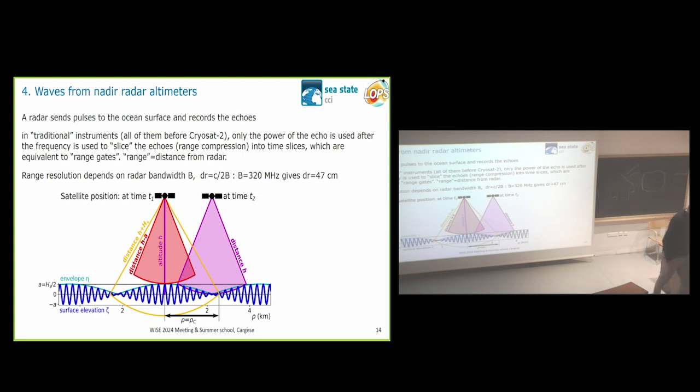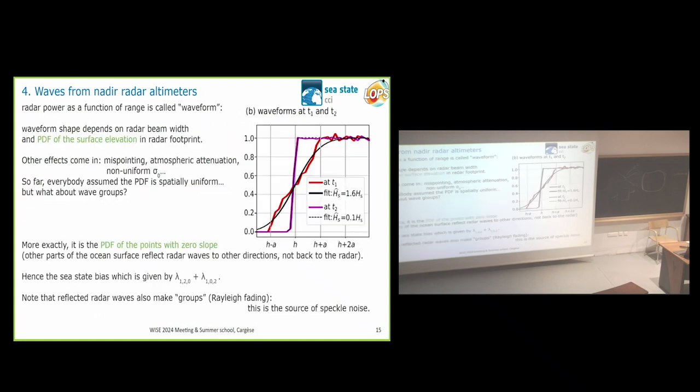And of course, you see me coming. I've plotted this big, nice wave group behind it. And so what's happening with wave groups? So if you actually simulate this situation, this is the waveform you would get at the bottom of the wave group, and this would be at the top of the wave group.